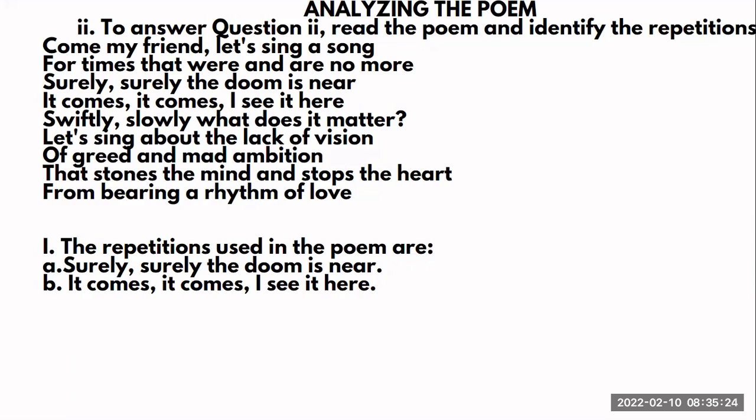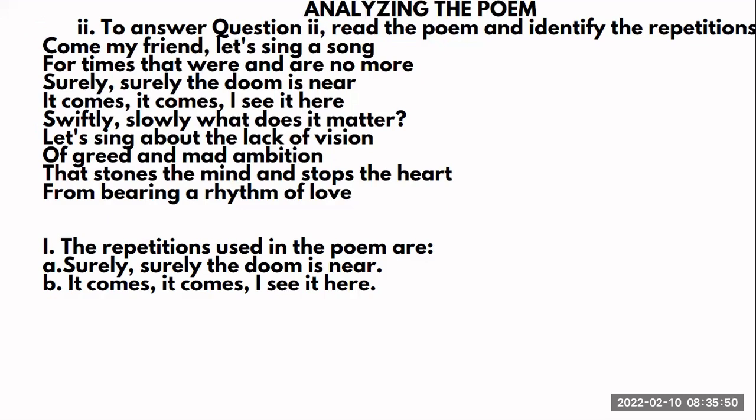And here, there is no other procedure. The procedure remains the same. Read the poem and identify the repetition. All right? You can't analyze the poem outside the poem. So that is obvious. Now let's look for repetitions.